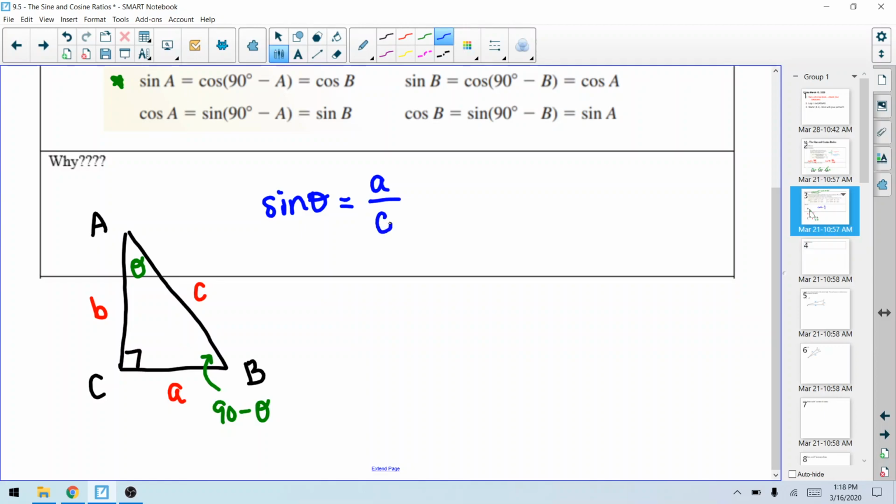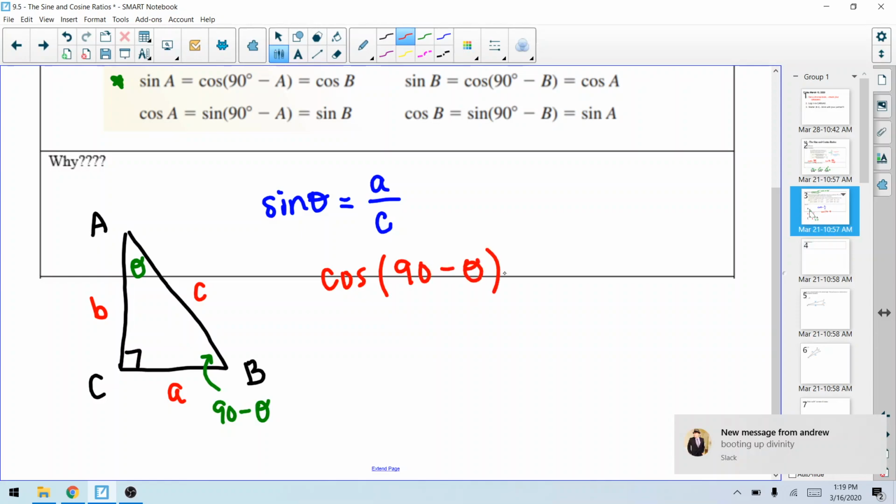The next thing I'm going to look at is the cosine of 90 minus theta, which now takes me down here to letter B. So letter B, cosine is the adjacent over hypotenuse. So adjacent is going to be side a over the hypotenuse, which is side c.